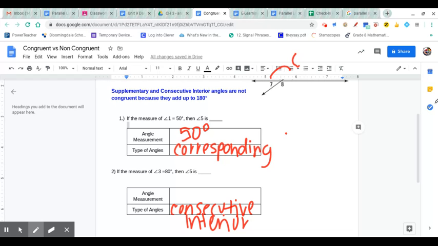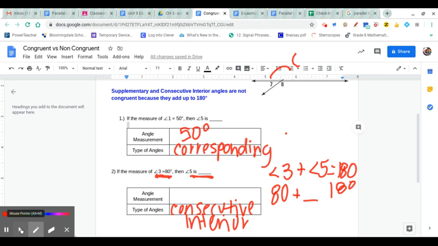Now, when I look at this, I have to say, okay, if angle 3 is 80, what is angle 5 going to be? I'm basically saying angle 3 added to angle 5 is equal to 180. So if I know that angle 3 is 80, 80 plus what is going to give me that 180?